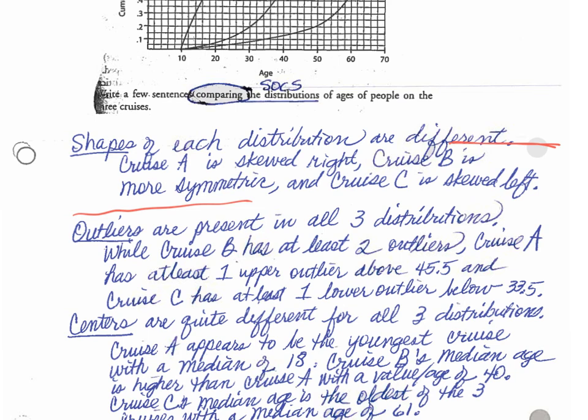Because there's at least one upper and at least one lower for a grand total of at least 2. While cruise B has at least 2 outliers, cruise A has at least one upper above 45.5, and cruise C has at least one lower below 33.5.